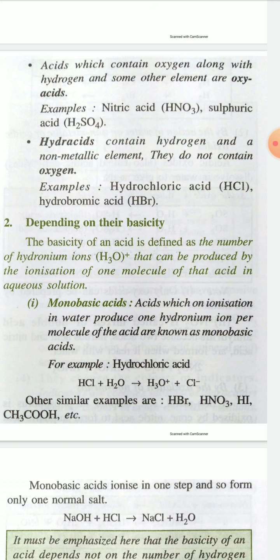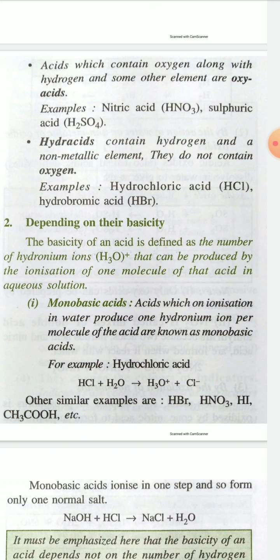Now, the second type of classification of acids is depending on their basicity. First, you have to know what basicity is. Basicity is the number of replaceable hydrogen ions present in an acid. The basicity of an acid is defined as the number of hydronium ions that can be produced by the ionization of one molecule of that acid in aqueous solution.